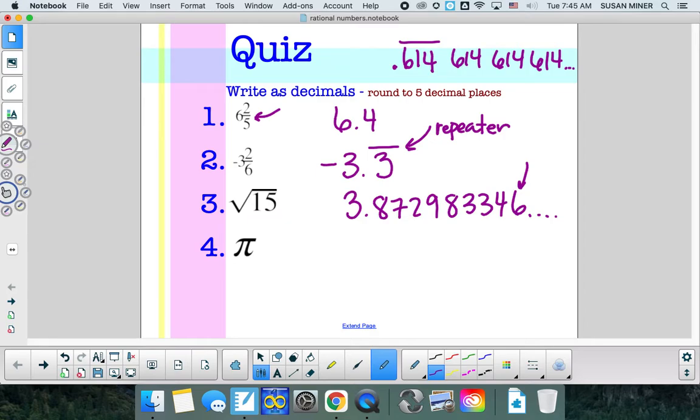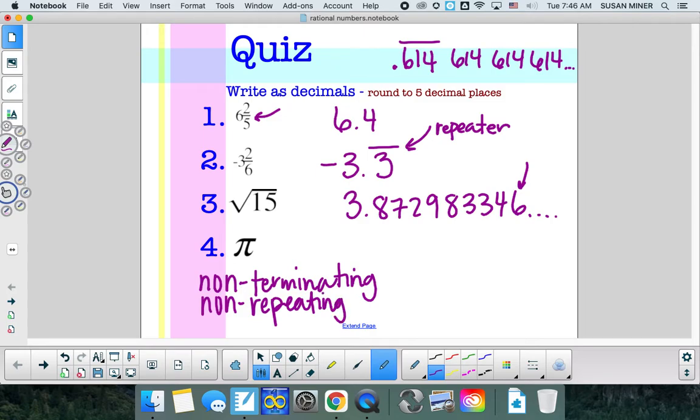So in your notes today, I'd like you to write down a good vocabulary word that you're going to need for this unit. The vocabulary word is a non-terminating, non-repeating decimal.